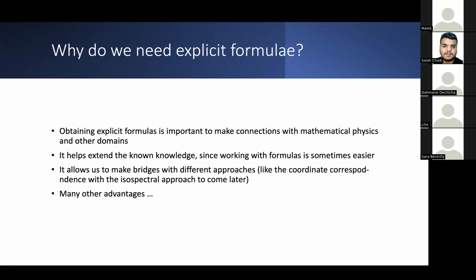So this explicit formulation helps us see that we can actually combine the two approaches. This is also something that I'm going to be explaining next. So I hope that I convinced you at least that this is important, although some things are already known from algebraic geometry.